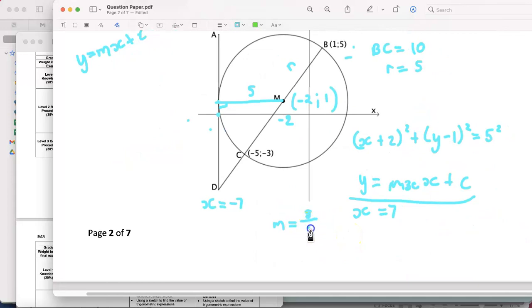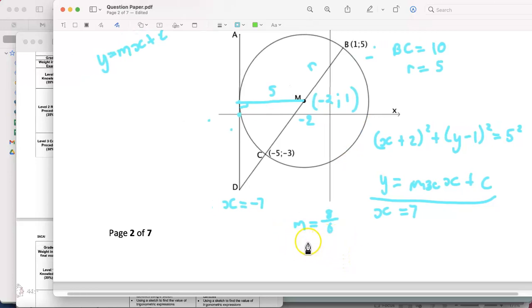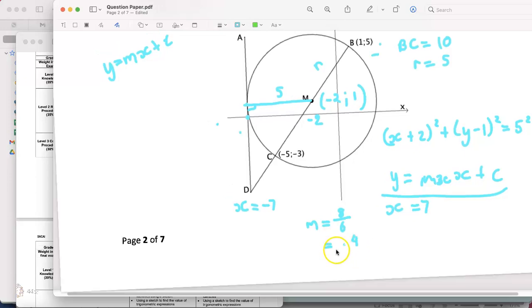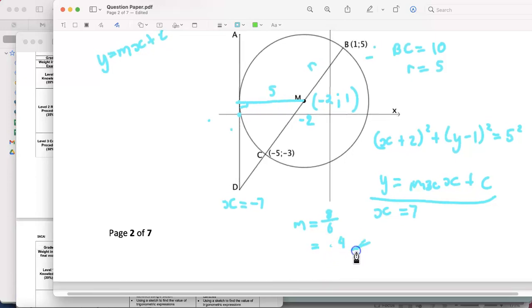That's the gradient, so the gradient is 4/3. Once you have the gradient, you just substitute one of those points.